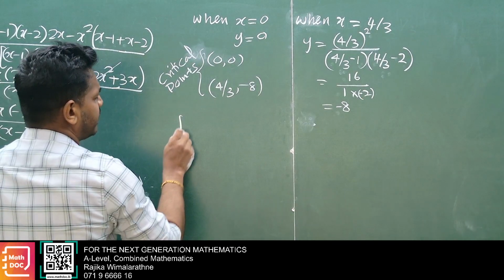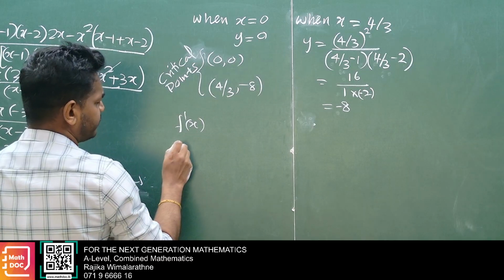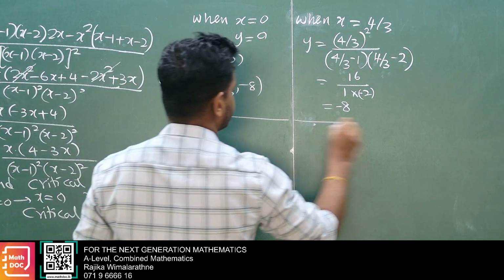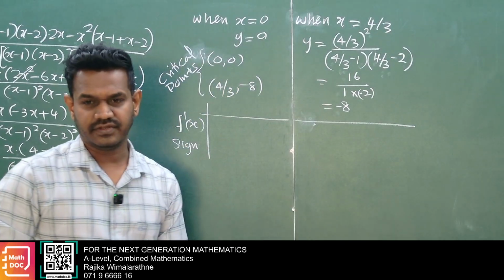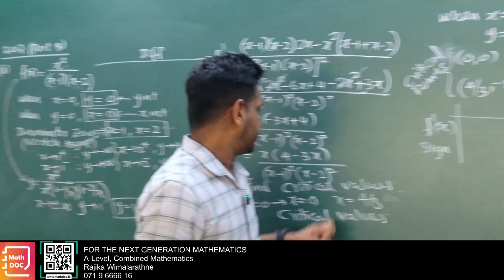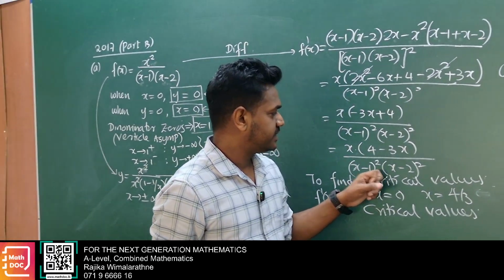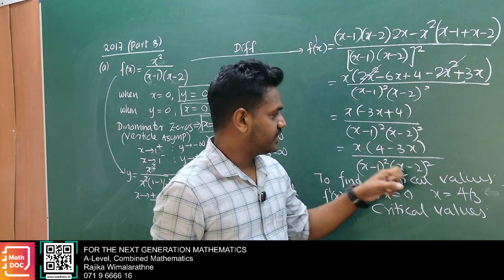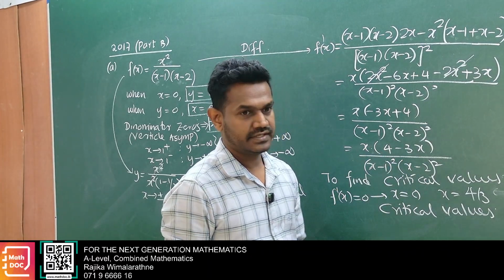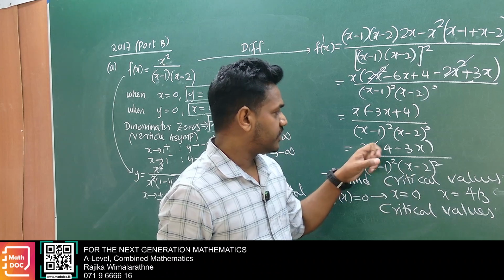Then we have to identify the points by checking the f dash x sign. We have to check the sign, no? So the sign check. Here you check denominator zeros and numerator zeros: 1, 2, 0, 4/3.